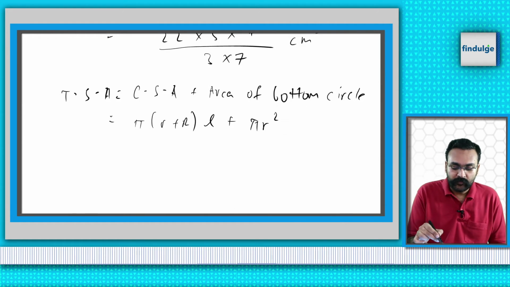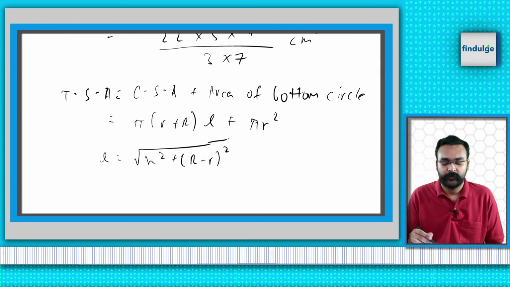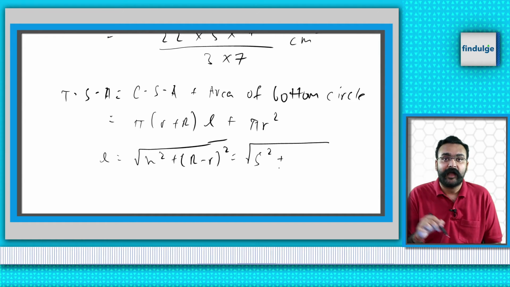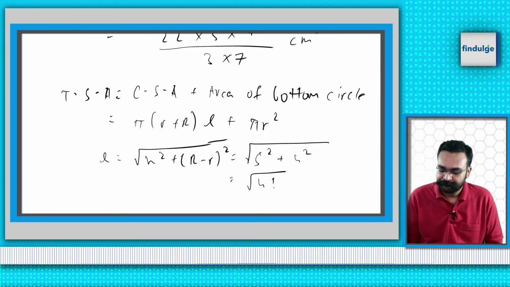And so first we have to find this L. We know that L is under root h square plus (R minus r) whole square, which is nothing but under root h was 5 square plus R minus r, which would be 7 minus 3, so 4 whole square. So we get under root 25 plus 16, 41, which we'll leave as this for now.